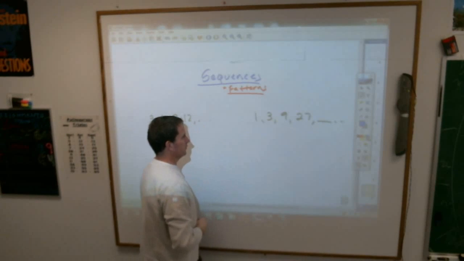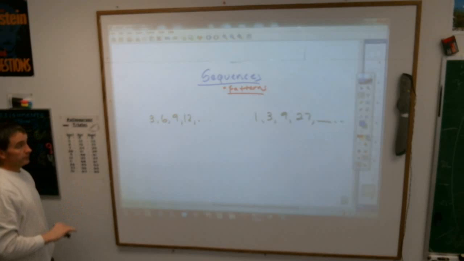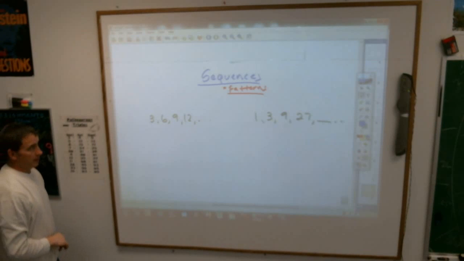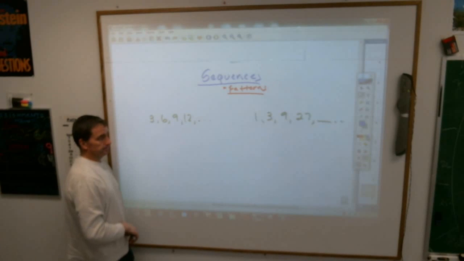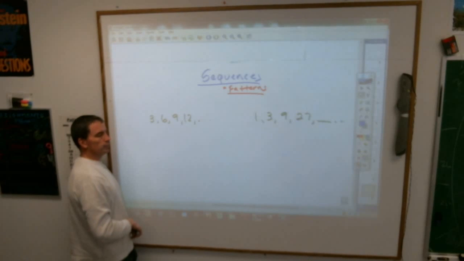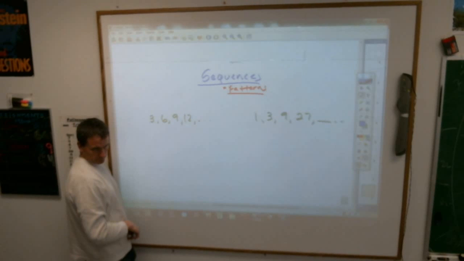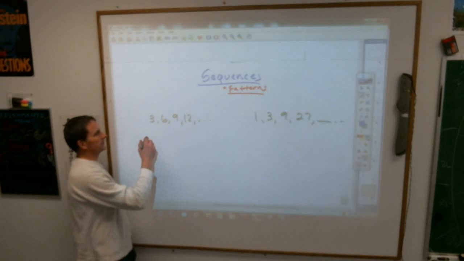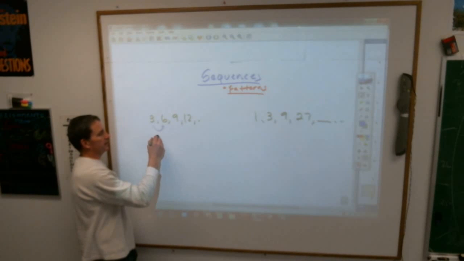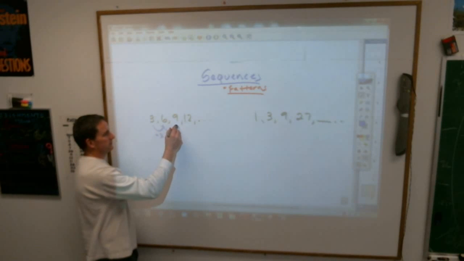Now, the first thing to look at when we're talking about these are two different types of sequences. The first one, what are you doing between every number here? Right. Well, back in the day we used to say plusing 3.